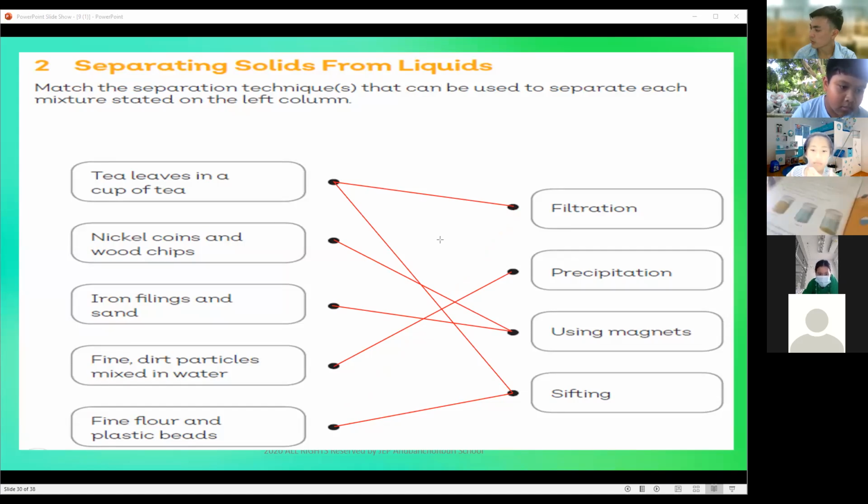Wait, I will try to look if there is any other answer. Okay, so there is no other answer. Fine flour and plastic beads will be connected to sifting.